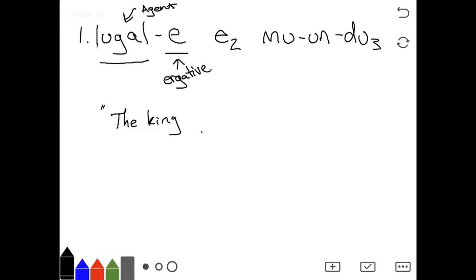Now we have E2. What is E2? Does anybody remember? I know everybody just shouted it out, I'm sure, at your computer. You're like, oh, it's house or temple. That's right. House. Now, so we've got the king, house. We know the king is the agent or the subject of the sentence.